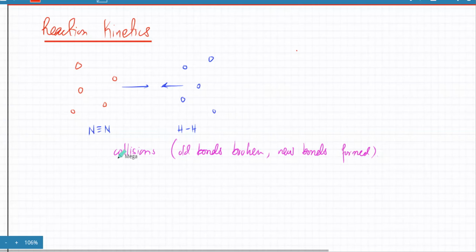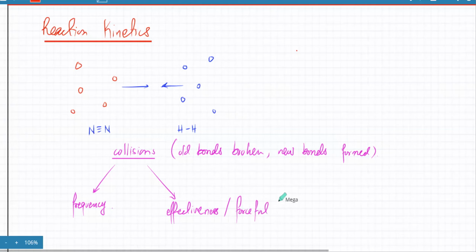Now, collisions can be described in two ways. One is how many times they collide, so there's a thing called the frequency of collisions. And the other one is the effectiveness of the collisions, or how forceful the collisions are, whether the collisions are successful or not.